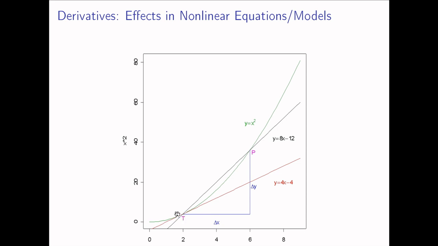So here I'm going to say, along this curve, I'm going to move x by some units. What's going to be the value for y? Well, when x is 2, then y equal to 4.